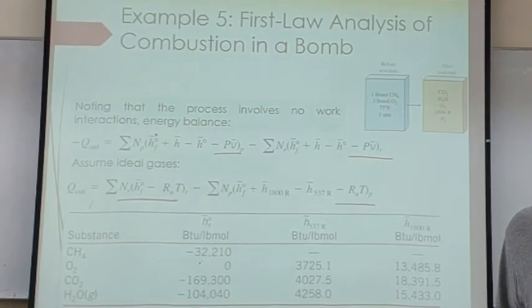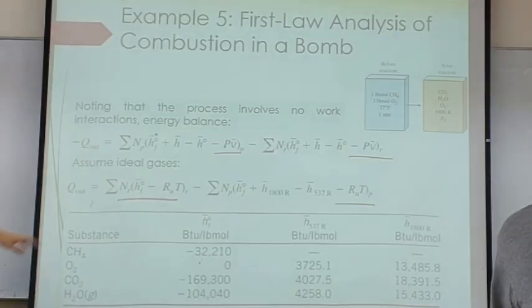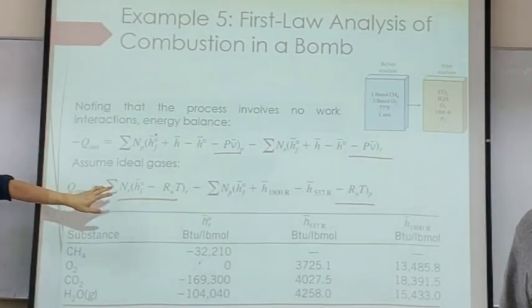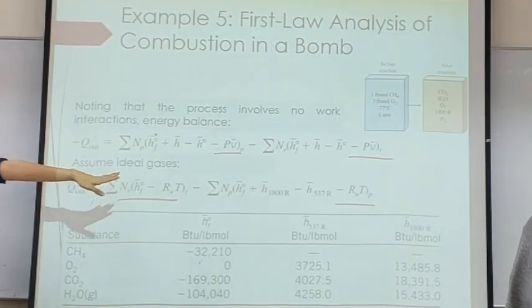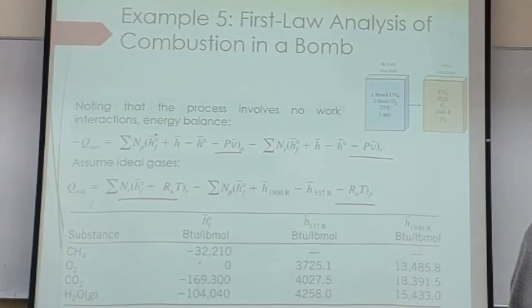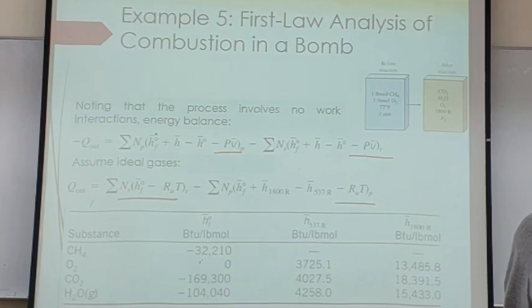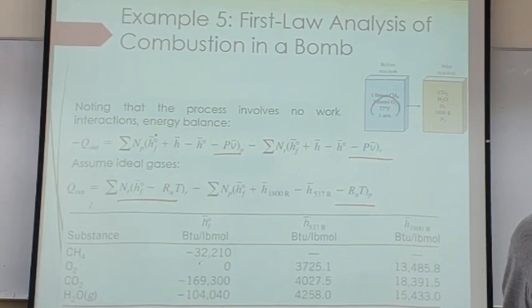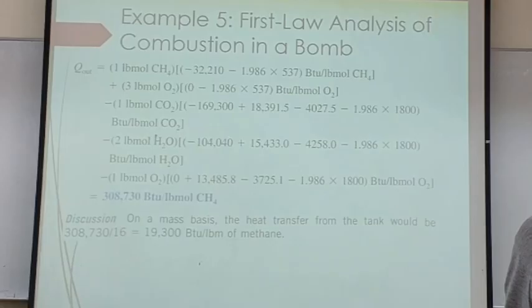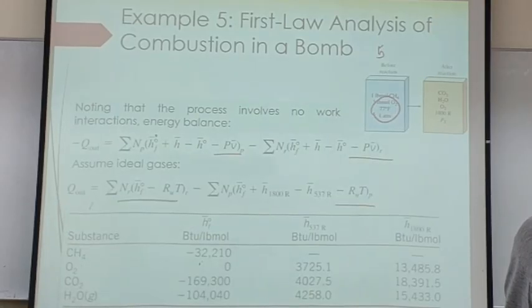So here, you can see at the reactant, we took out the entire h minus h because the reactant itself is at the reference state. So for imperial unit, 77 degrees F or 537R, they are the reference state.